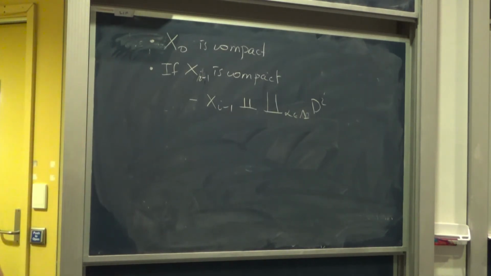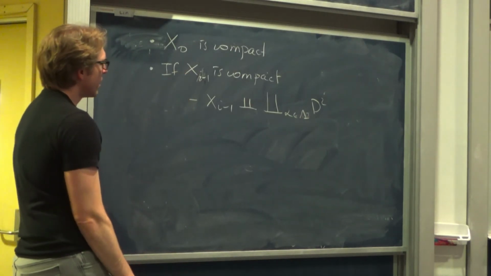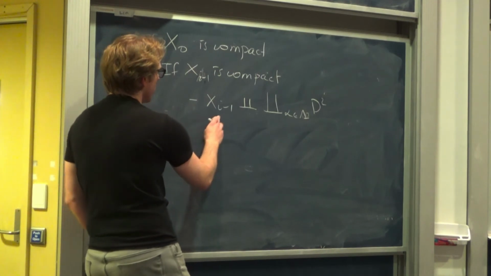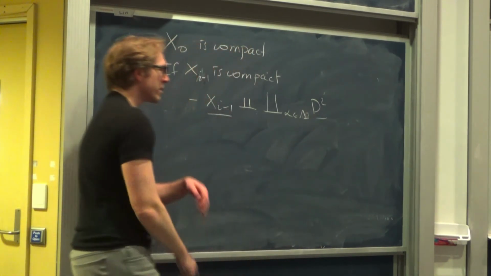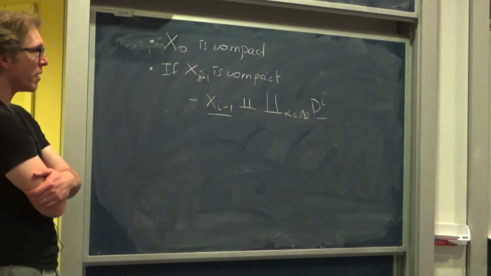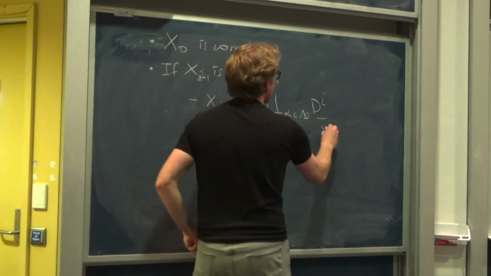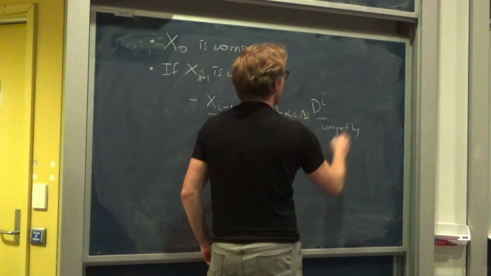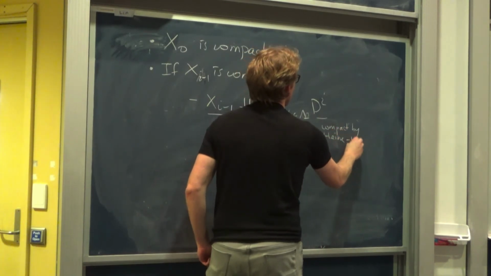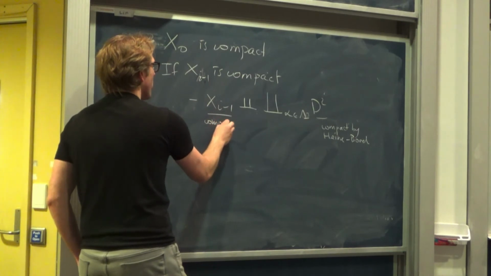I know quotients of compact spaces are compact, so I just need to show this is compact. This part is compact. The disk, well, the disk is a closed and bounded subset of Rn, right? So this is compact by Heine-Borel. This is compact by hypothesis.